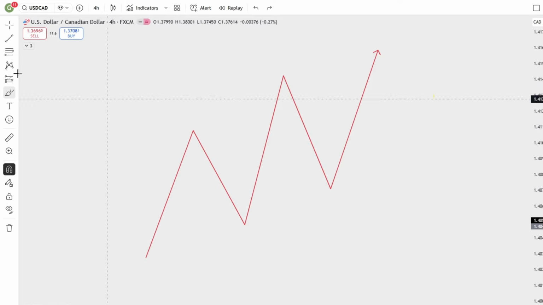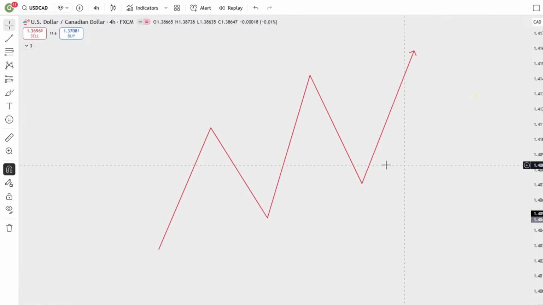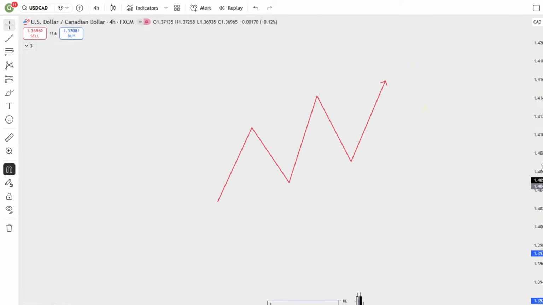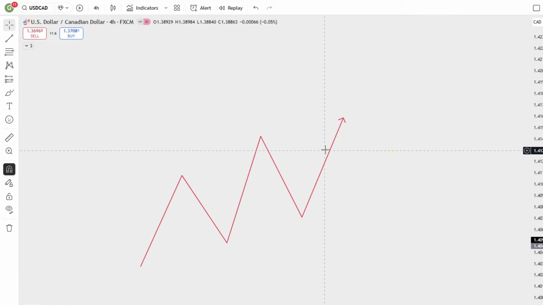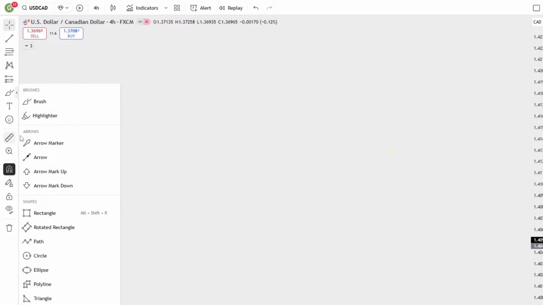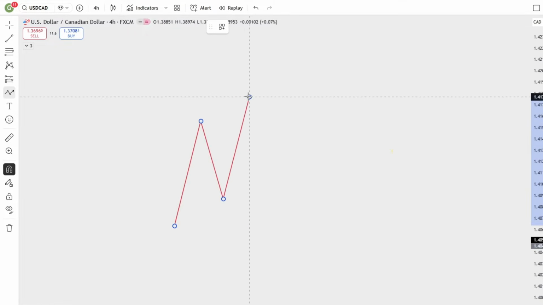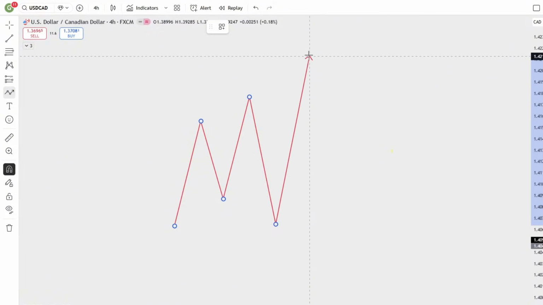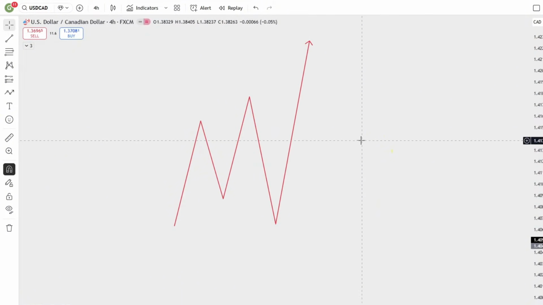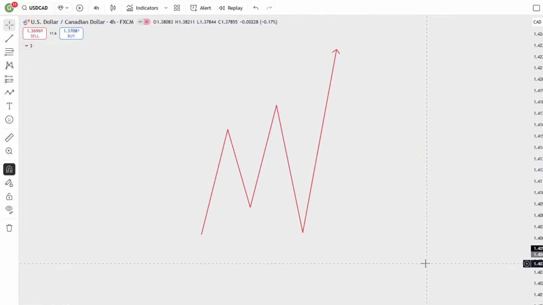The first thing you need to understand is this structure. I'm not going deep on structure in this lesson, but the structure needs to have something like this to validate it.